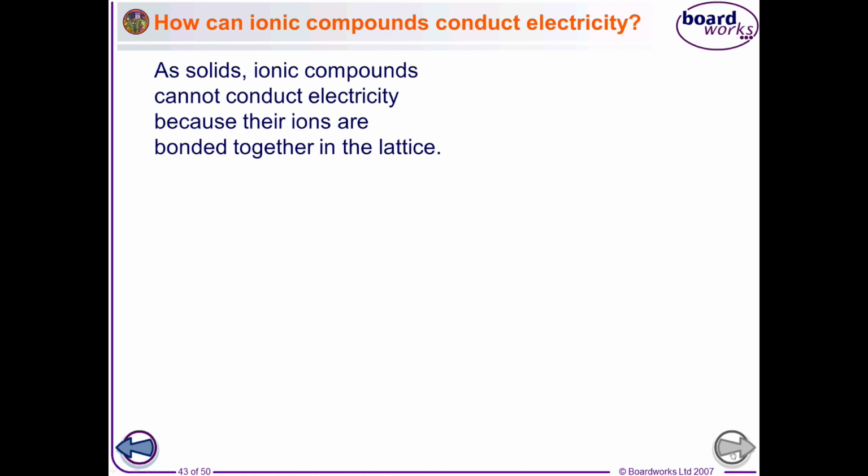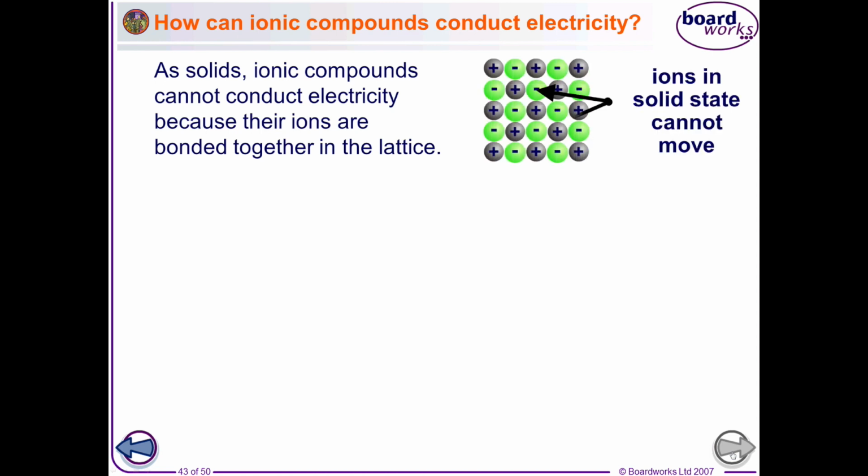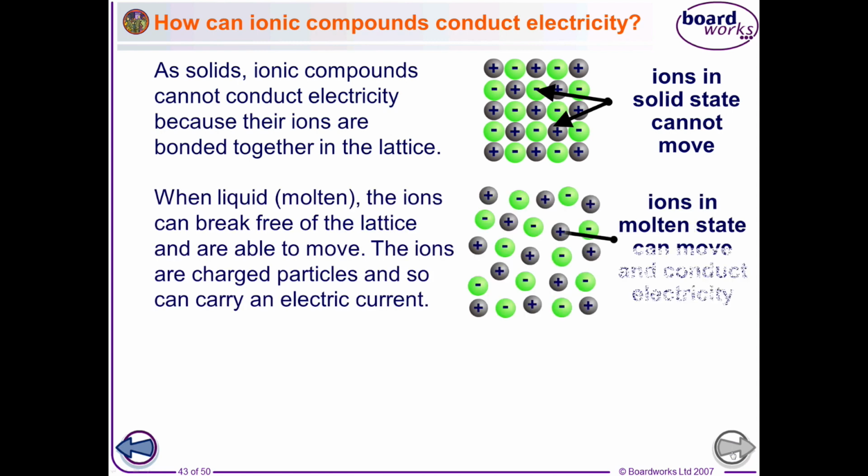Now, if we take a look at the structure of solid sodium chloride, the ions are fixed and they cannot move. So, because the ions can't move, it can't conduct electricity. However, if we look at the molten or liquid sodium chloride, then the ions are now free to move. So then the molten or dissolved sodium chloride can conduct electricity because the ions are free to move.